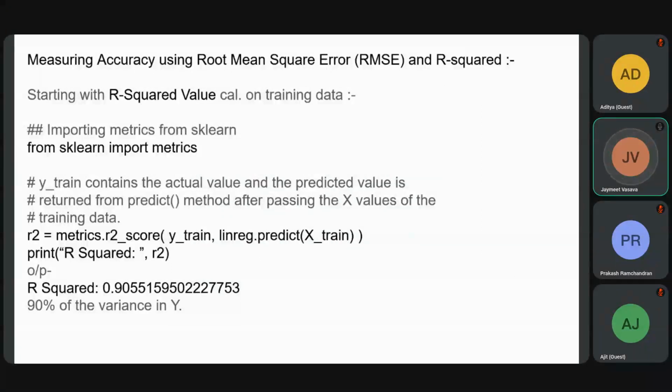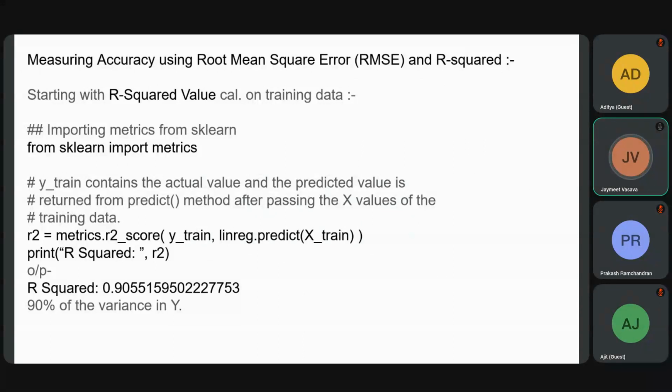Now measuring the accuracy using the root mean square error and the R squared error. Starting with the R squared value, calculating on the training data set. So remember the R squared value is calculated on the training data set.